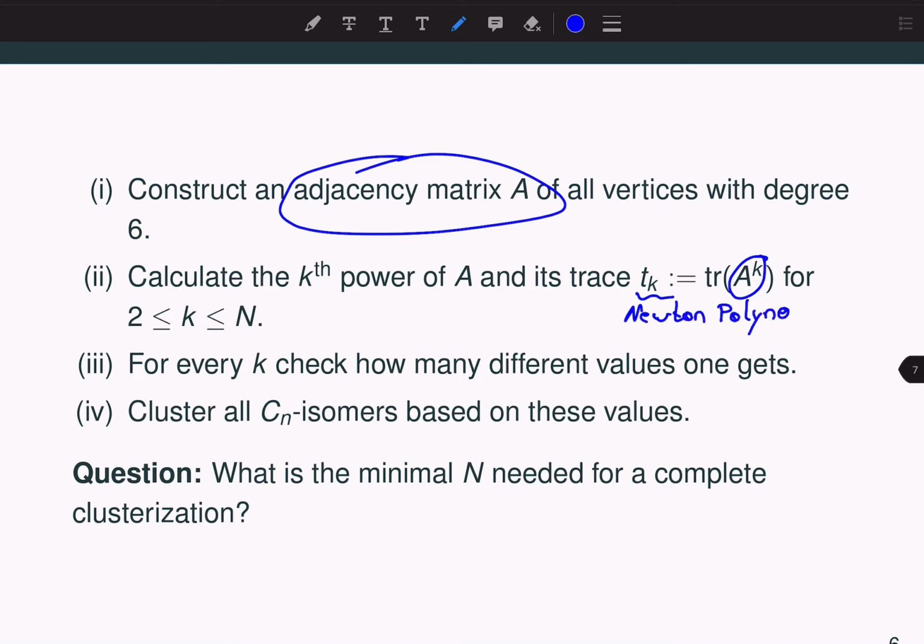Based on these Newton polynomials, we can check how many different values we get, and based on that we can clusterize all fullerenes. So the question then is, how many of these Newton polynomials do we really need?